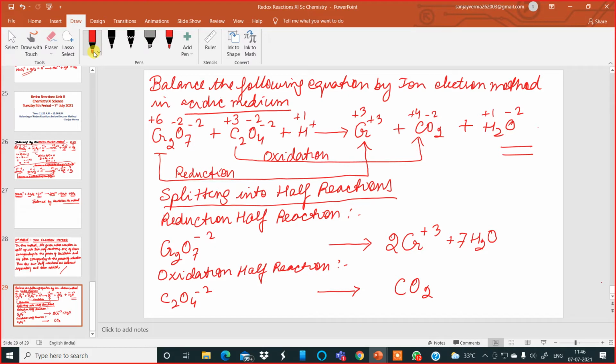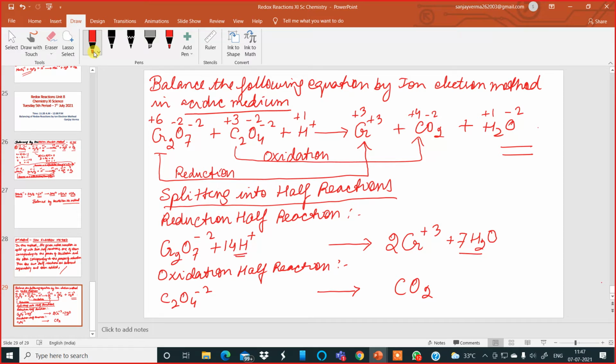Oxygen is balanced, but hydrogen has become 14. So on the left hand side, I'll put 14 H plus.